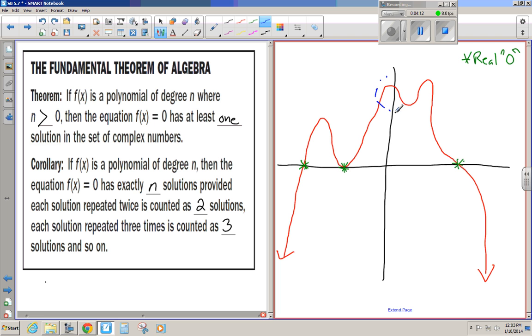This part right here represents imaginary zeros.